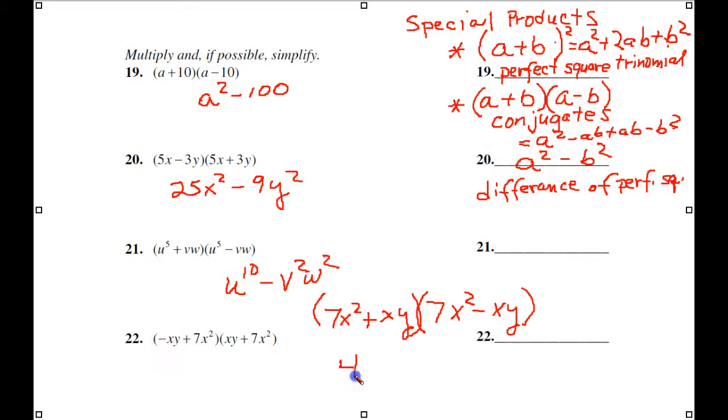So this would be 49x to the 4th minus x squared y squared. Again, some of this is a little heavier math. We're tending not to get to the too difficult. We're still trying to keep this basic to middle as opposed to super hard.